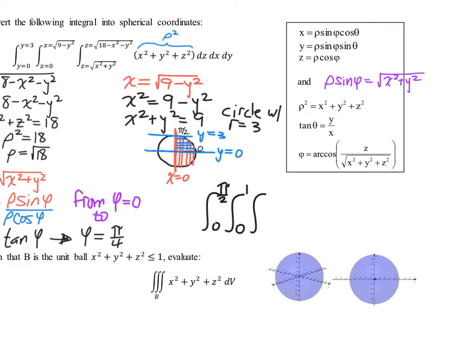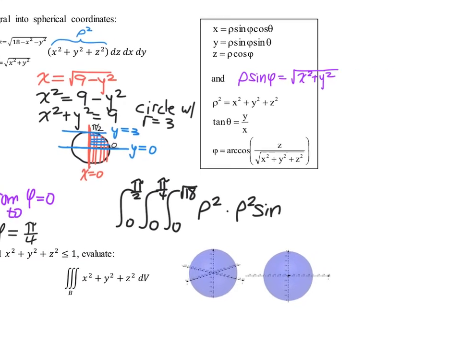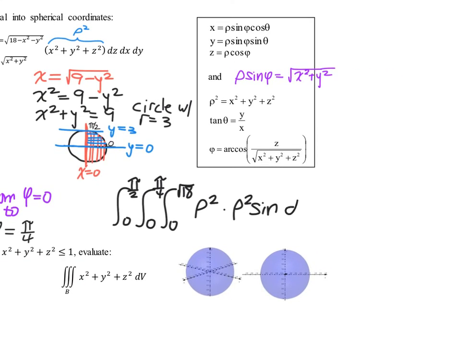Phi is going from 0 to pi over 4. And rho is going from 0 to root 18. We have rho squared times rho squared sine of phi, d rho, d phi, d theta.